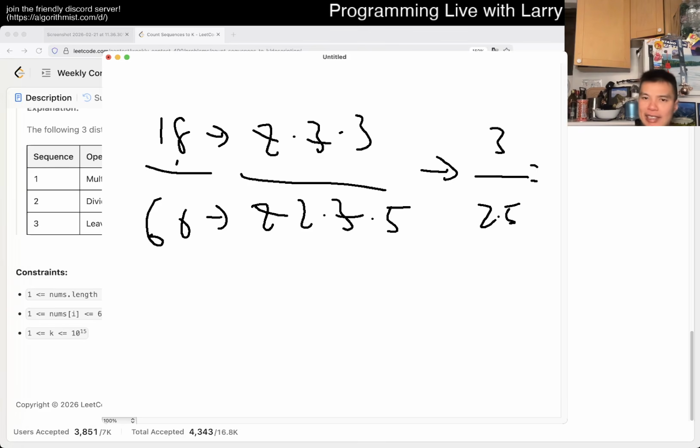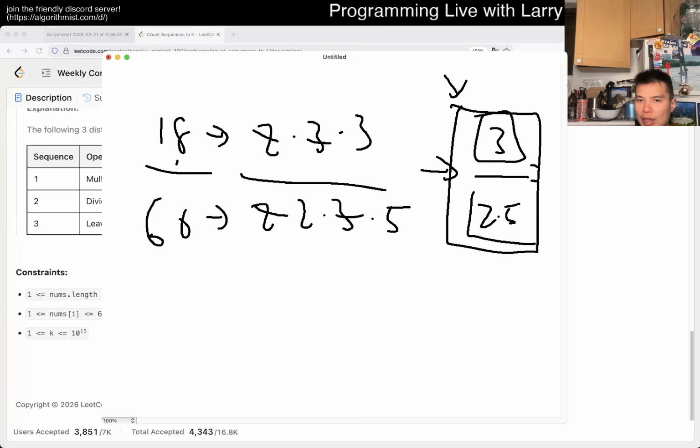So now, instead of keeping track of this fraction, and you certainly can, you could just keep track of how many 2s, 3s, and 5s, because you're only going up to 6. You have no other prime factors. You could keep track of 2, 3, and 5 on top, and 2, 3, and 5 on the bottom.